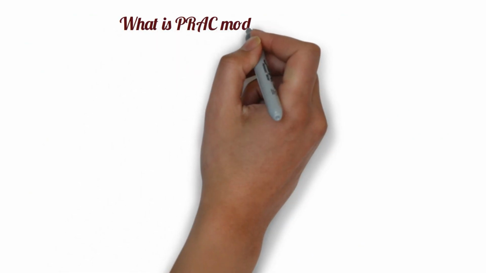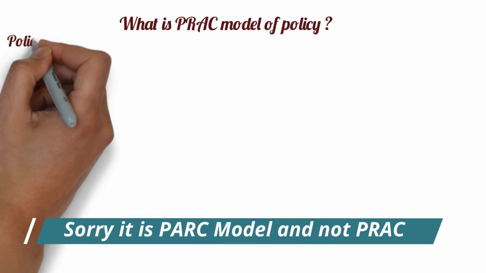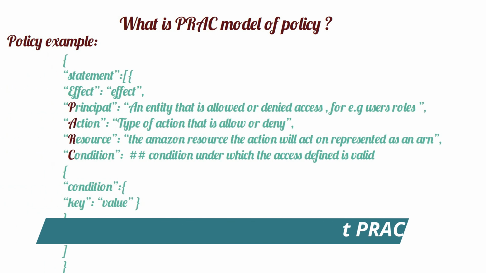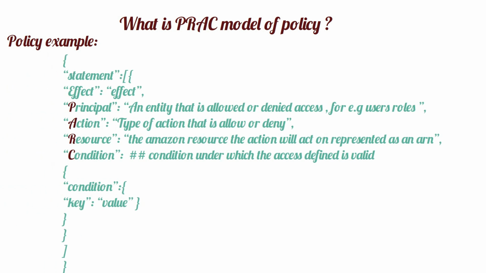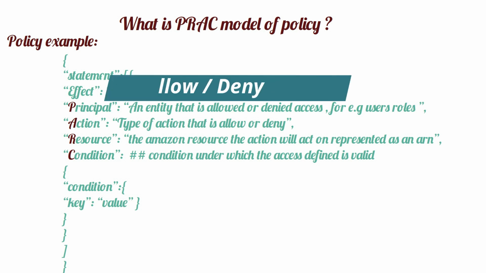Now what is the PARC model of a policy? Let's understand with an example. In this example, the statement block starts with the square and the curly braces, which incorporates effect, principal, action, resource, and a condition. Effect is either allow or deny.